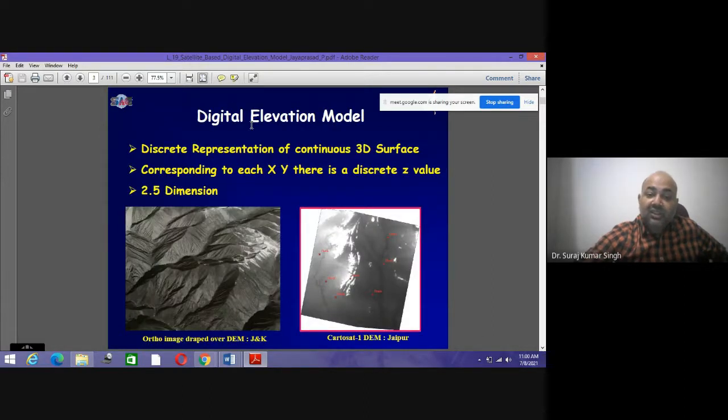So a digital elevation model is a discrete representation of a continuous 3D surface. What does it contain? It contains 3D surfaces where for each x and y there is a discrete z value, meaning for each and every pixel you will have a value, and that corresponds to the z value, which is the height of that object.